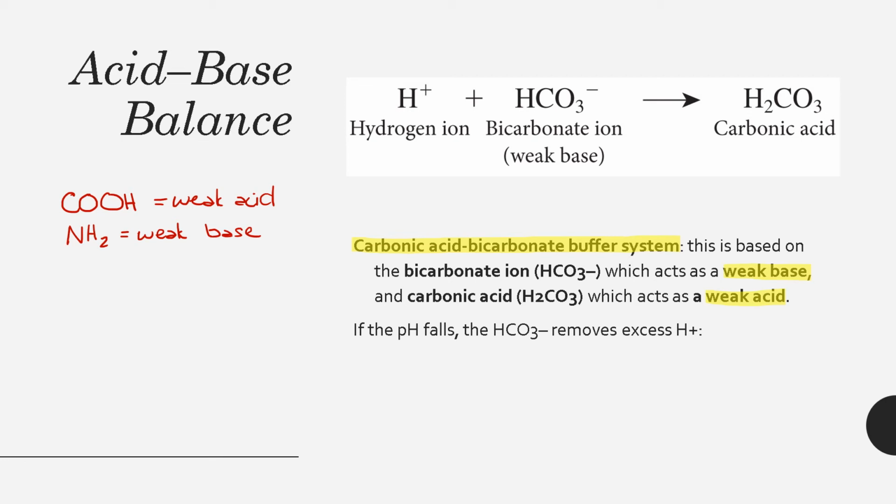So in this diagram, again, we're going to start out with the solution being too acidic. We have these excess hydrogen ions floating around in solution causing the pH to fall. The bicarbonate ion, acting as a weak base, will bond to those excess hydrogen ions, or each bicarbonate ion will bond to one hydrogen ion, creating carbonic acid.